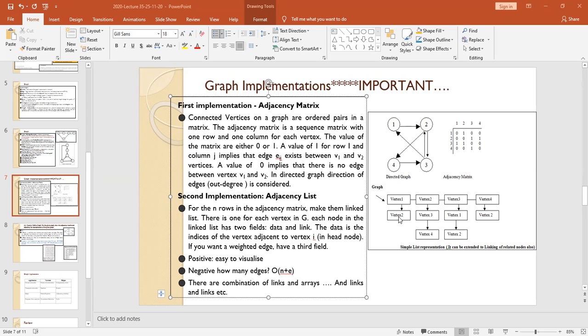Next, 1 is linked to 2. You write that one. 2 is linked to 3 as well as 4. So first you will be writing 2 is linked to 3, and next you have to see 2 is linked to 4. That's why we have to write like this.